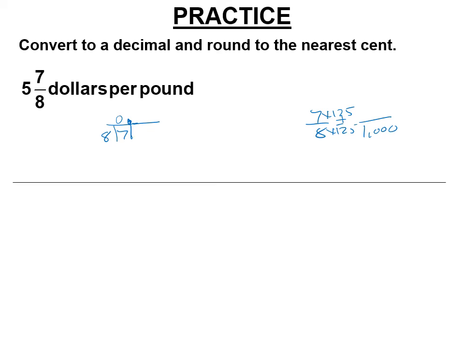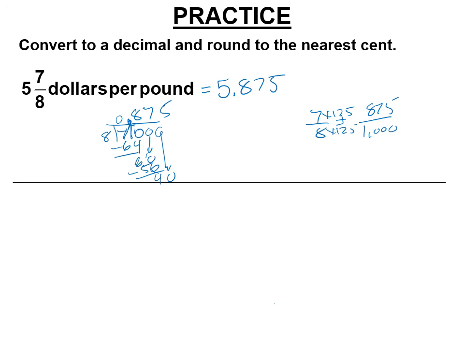Then we need the decimal straight up, add a 0. 8 into 70 goes what? 8 times 8 is 64. Had a brain freeze there. Then remainder 6, bring down the 0, 8 into 60, 7 times 8 is 56. Remainder 4, bring down a 0, and 8 into 40 is 5 times. And here, 7 times 125 is 875. Either one.